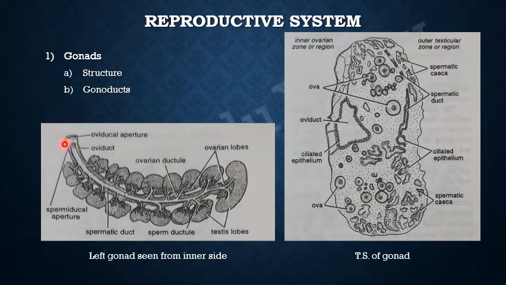Here if you concentrate on this area, this is the oviducal aperture and this is the oviduct. The fatter, thicker or broader tube below this white narrow tube is the oviduct, and this is the oviducal aperture, and above this is placed the spermatic duct.